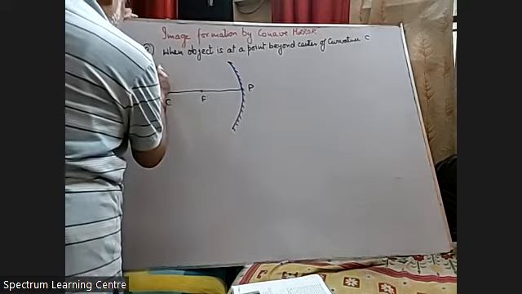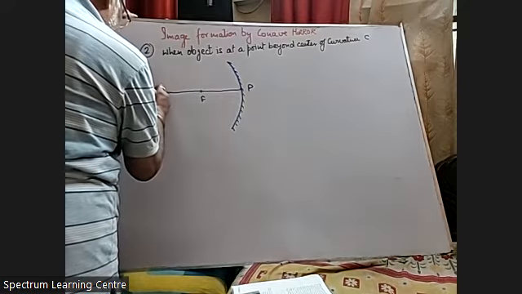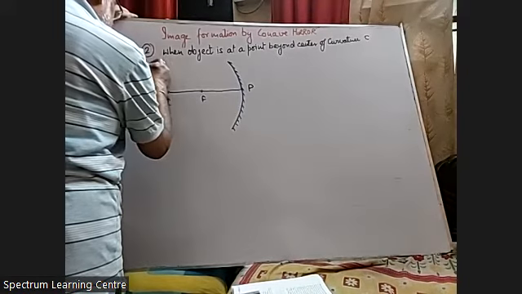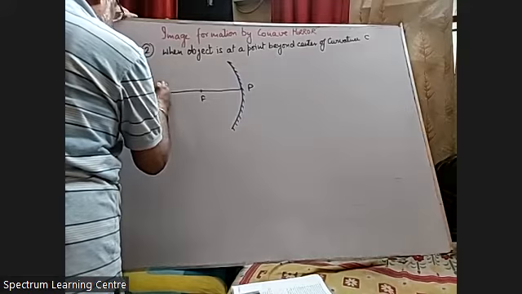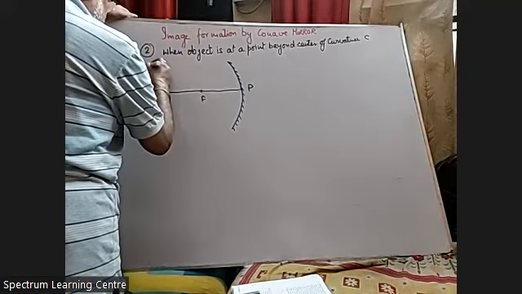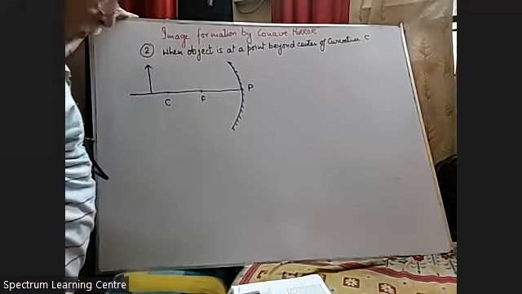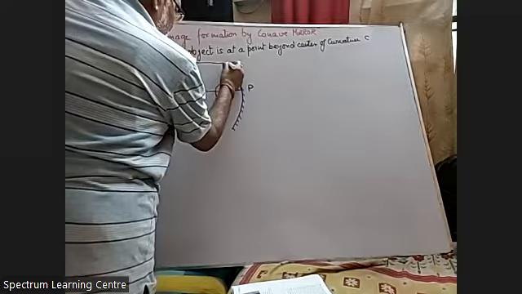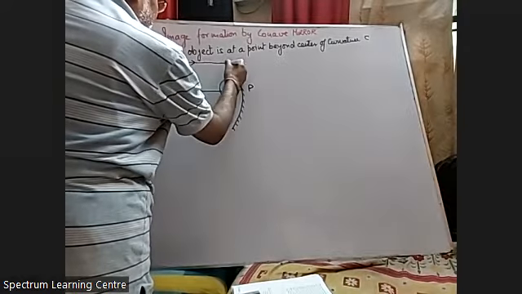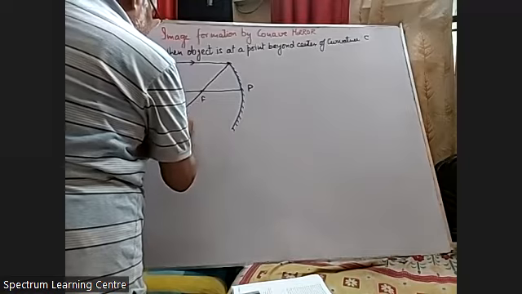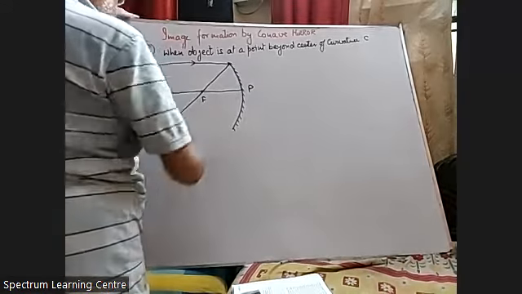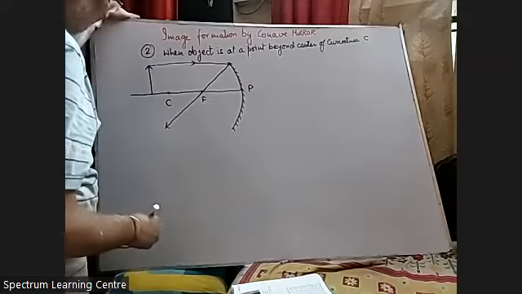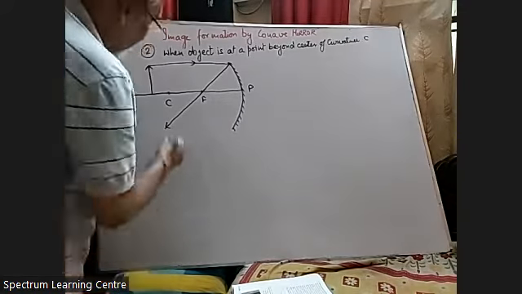Now, the object is kept beyond C. So I'll make the object AB. One ray I take parallel to principal axis, and it will pass through focus. Another ray I take from center of curvature.